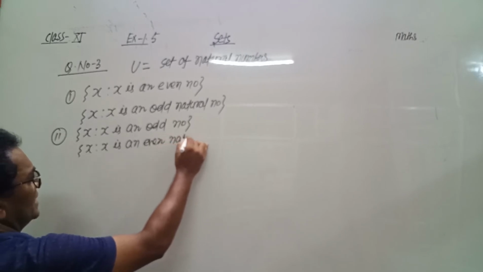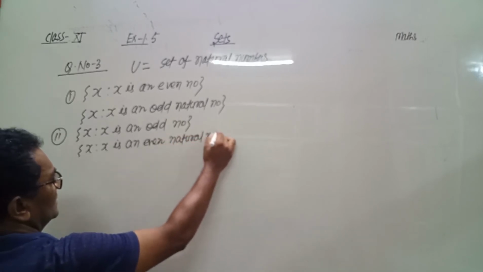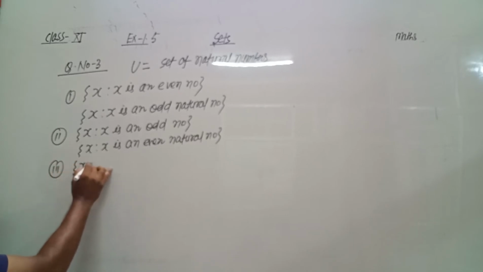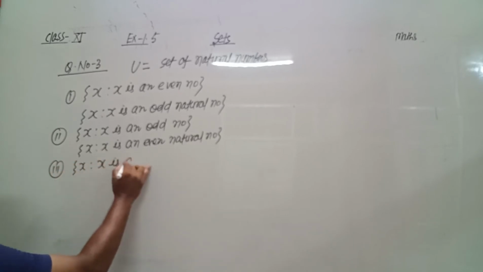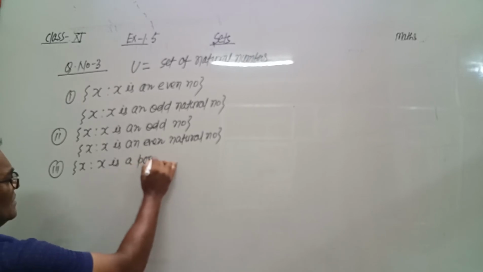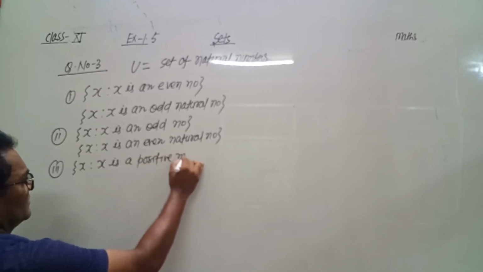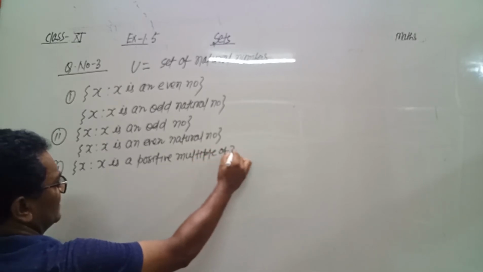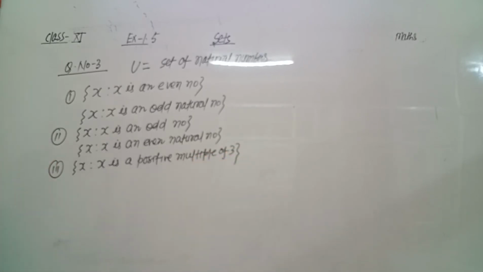This is the complement of odd numbers. Now the third part, {x such that x is a positive multiple of 3}.